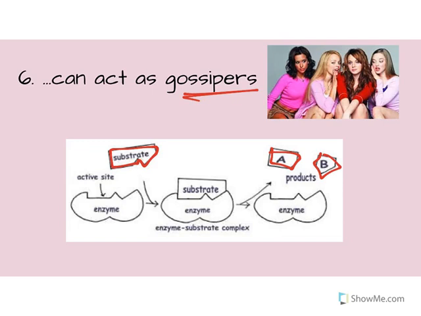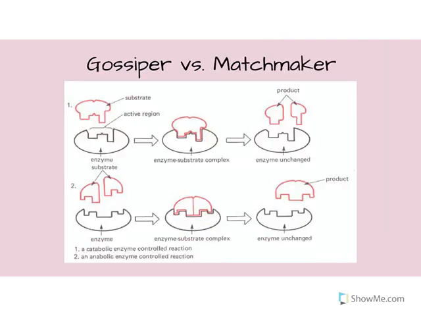So enzymes can put things together or break them down, and we don't use those terms in science. We use these terms down here. So see if you can take a moment and figure out which one. This top one is called a catabolic reaction.